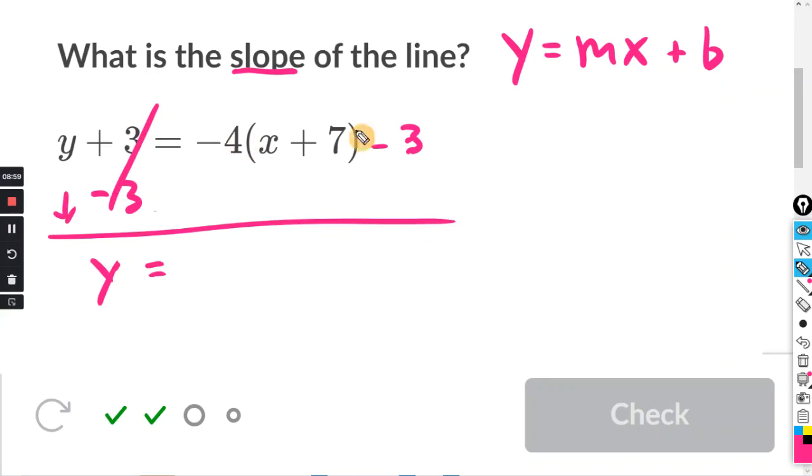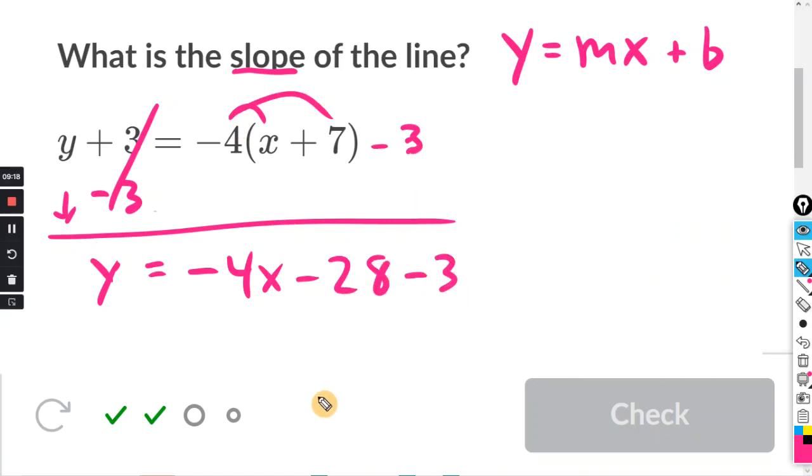Now over here we can use the property. It begins with a D, and that's the distributive property. Negative 4 times x is negative 4x. Negative 4 times positive 7 is negative 28. And minus 3 is still there. Okay. Now you can certainly combine like terms here. Negative 28 minus 3 is going to be negative 31. But do we need that?